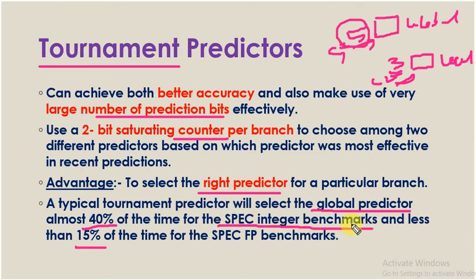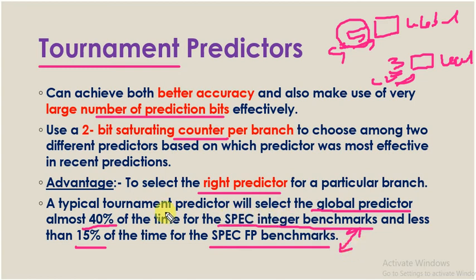For a particular benchmark, around 40% of the time the prediction is taken from the global predictor mechanism for SPEC integer benchmarks, and less than 15% of the time for the SPEC FP benchmarks. So we have simply taken two SPEC benchmarks where we are applying this global predictor.